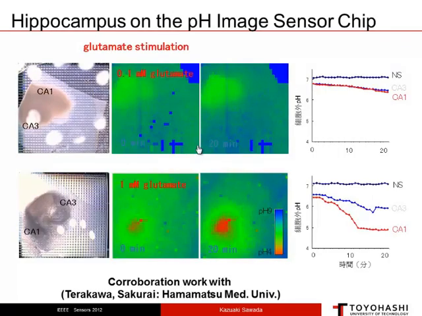By using this special ion image sensor, we have some collaboration work with medical field researchers. This is collaboration work with Hamamatsu Medical University. They put the hippocampus on the image sensors. The hippocampus, as you know, is a key part of our memorizing.